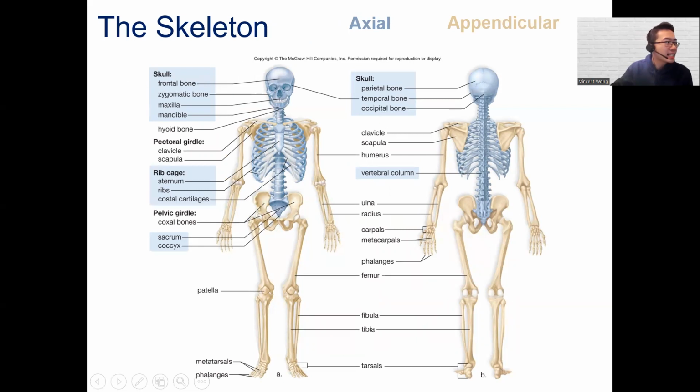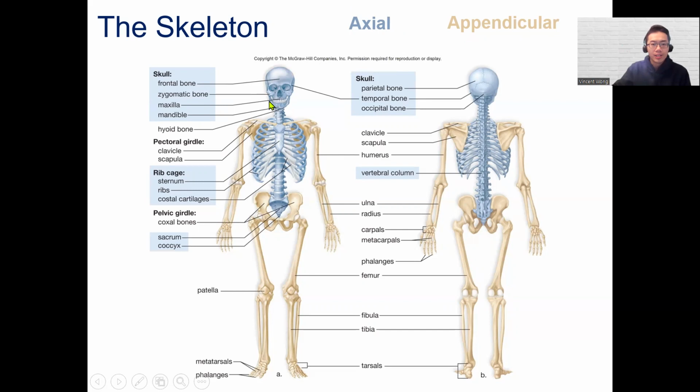So your skeleton is separated into two portions. We have the axial skeleton as well as the appendicular skeleton. The axial skeleton consists of all the stuff shown in blue here.